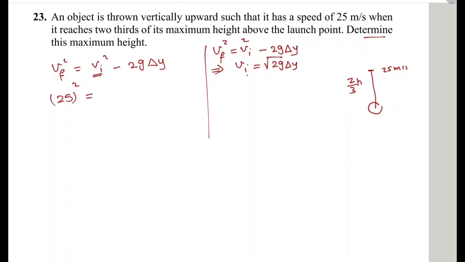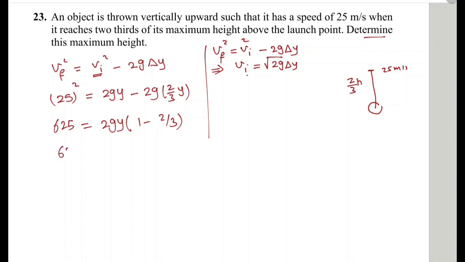You substitute this back in the first part of the motion, so this one will be 2g. Actually, no need to say delta y because the initial position equals 0, so just y minus 2g times 2/3 y, and 625 equals 2g y times (1 minus 2/3).